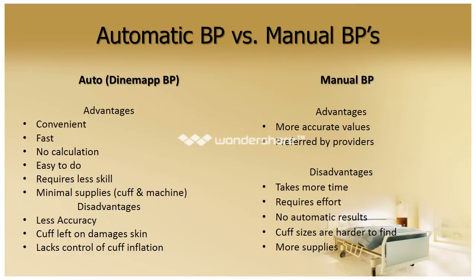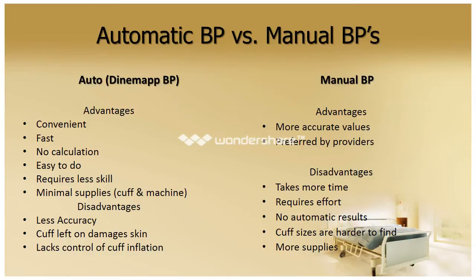And then we also have the manual blood pressure. Typically in a faster paced environment, we usually use the automatic. This is important because if your automatic cuff keeps giving you readings that don't seem to be accurate, it's important to know how to obtain a manual blood pressure, and we will discuss that later and even demonstrate it in practice.